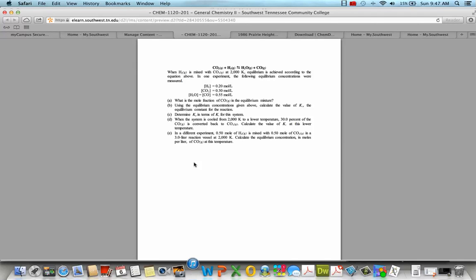So if we look at what we have, CO and H2O are 0.55, so that's 1.1 moles. And 1.1 plus 0.5 is 1.6.